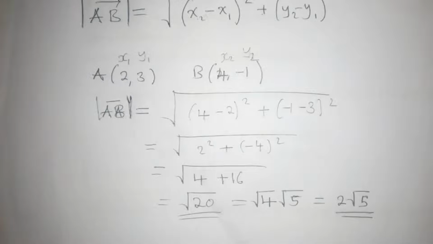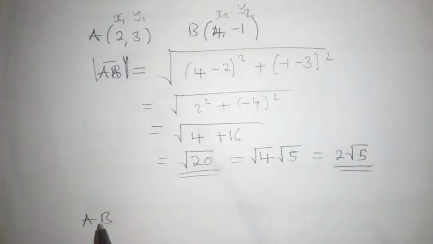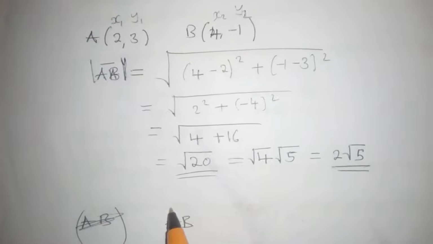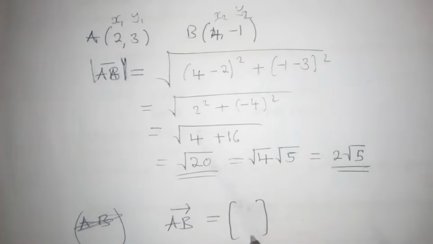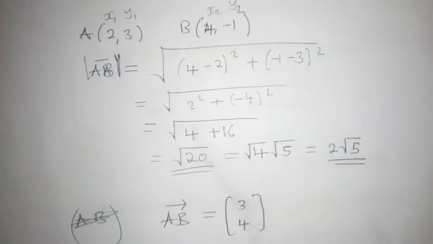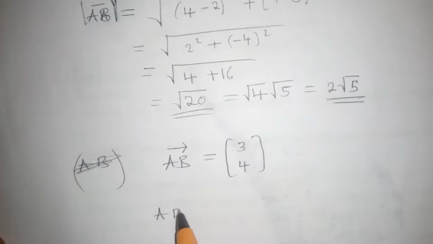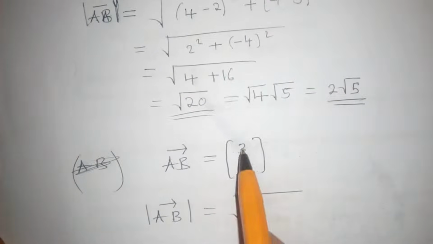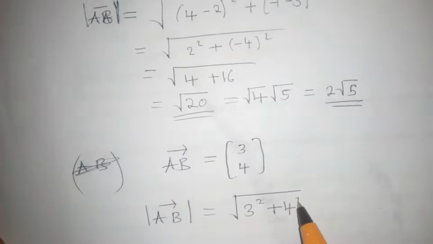So in some other cases, you may find that you have been given vector AB is equal to, maybe they say 3, 4 here. So your duty, if they ask you to find the modulus of vector AB, you just write the root and get the number which is on top, 3 squared, plus the number which is down there, 4 squared.